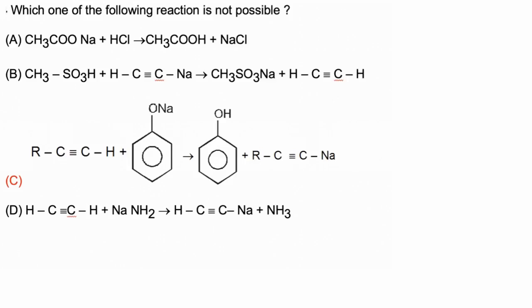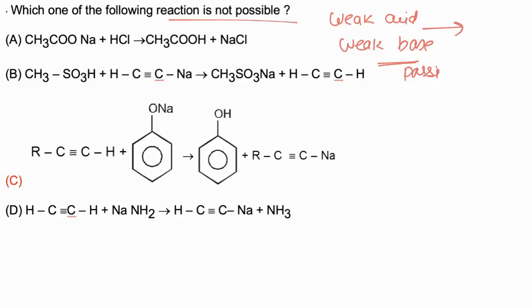In this question we have to find which of the following reactions is not possible. So for any reaction in which a weak acid or weak base is formed in the forward direction, those reactions are possible, in which weak acid and weak base are present on the product side.